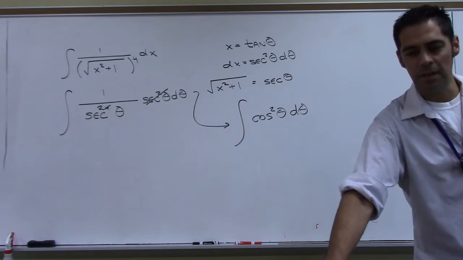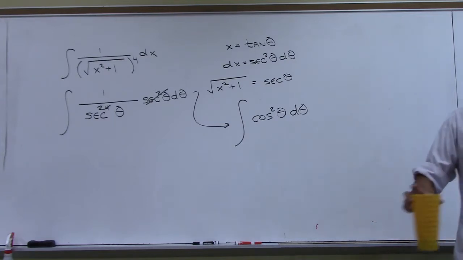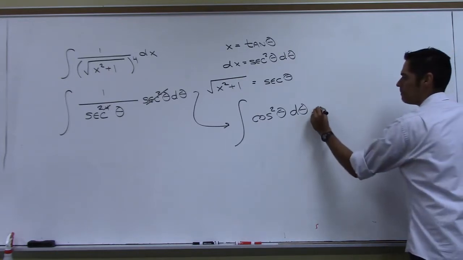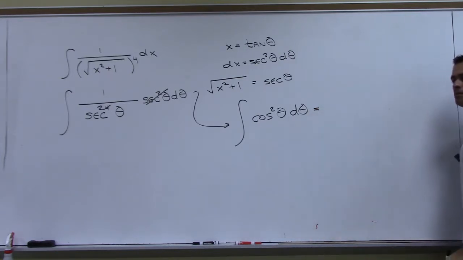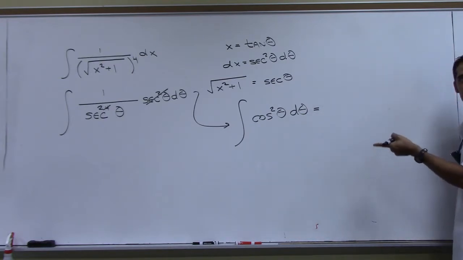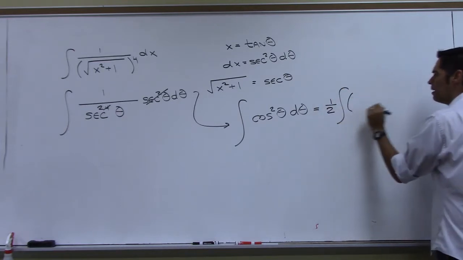And how do we deal with even powers of sine or cosine? Half angle identity or the power reducing. So this becomes, I'll get a 1/2 out of the formula, right? I'm always going to get a 1/2. And then integral, and then I get 2 pieces in here.